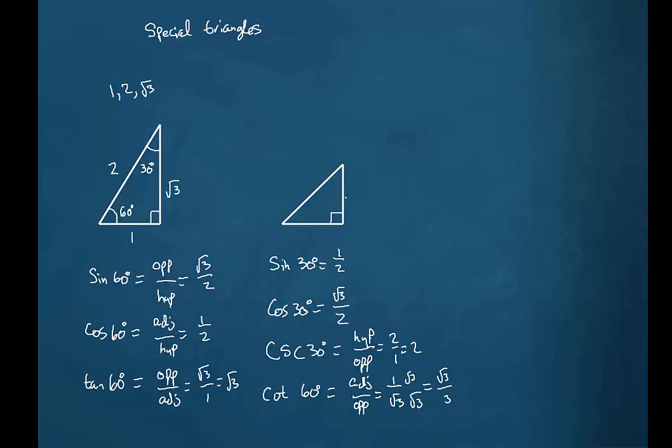Another triangle that we need to be familiar with is the 45-45 triangle. This triangle can be recalled by the fact that these two sides are going to be the same.